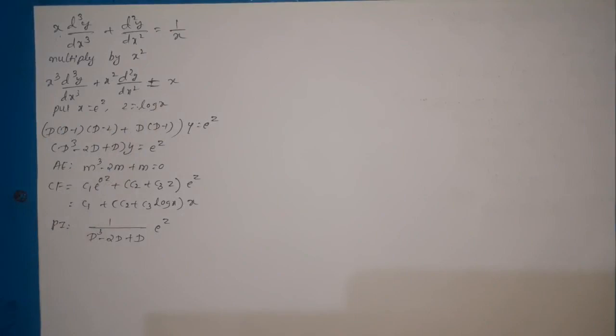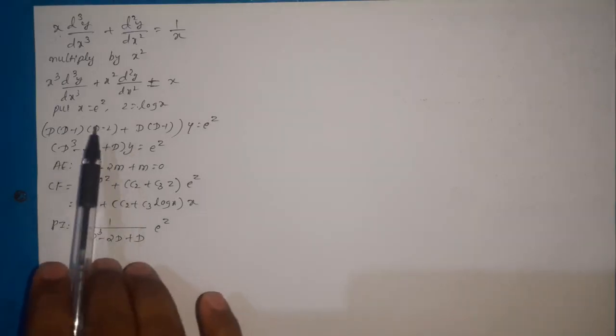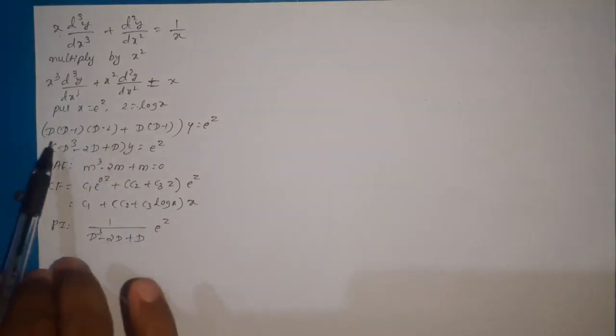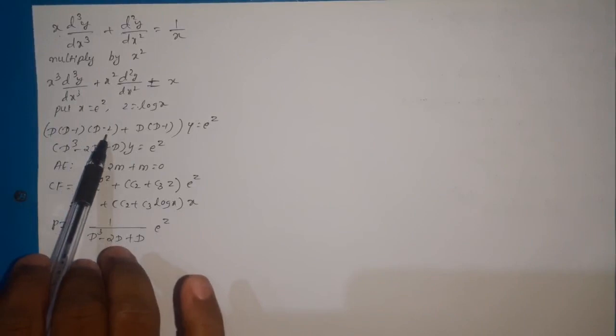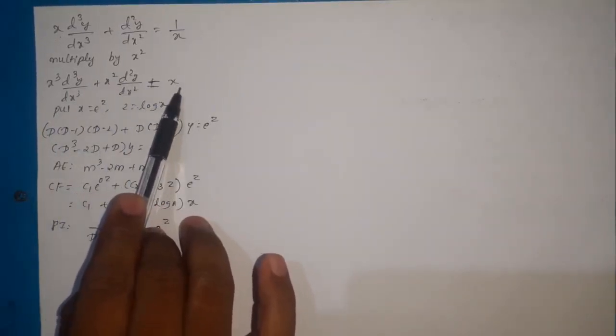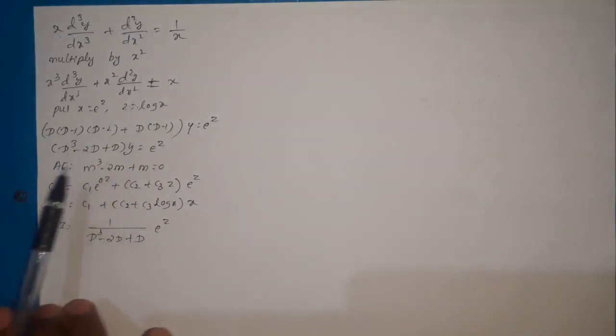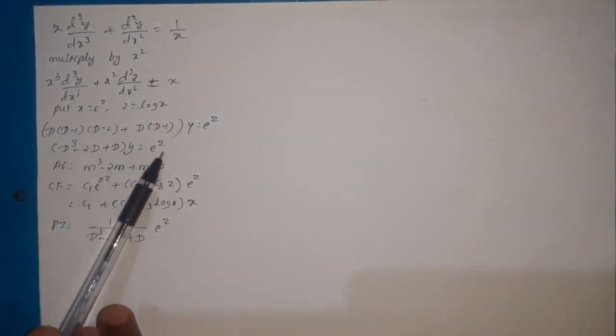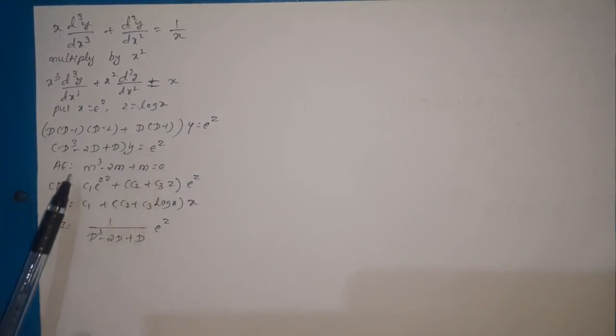And now substitute x equal to e power z, z equal to log x. So now substituting all those things, this x cube d cube y by dx cube becomes d into d minus 1 into d minus 2, and this is d into d minus 1, equal to e power z. Then after simplifying, that is d cube minus 2d square plus d into y equal to e power z, and the auxiliary equation is this one.